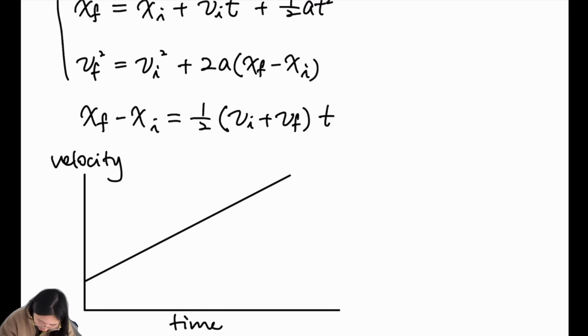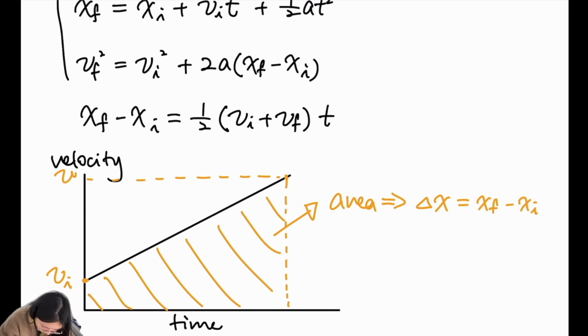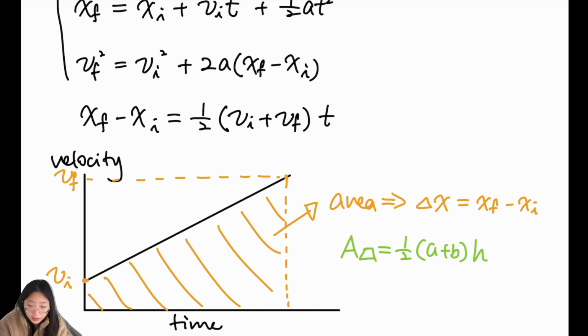And then remember that the area under the graph represents the change in the position, or displacement. This point represents the initial velocity, when time is equal to 0, and this point represents the final velocity. Obviously this is a trapezoid, and the area of a trapezoid is 1/2 times a plus b multiplied by the height h.